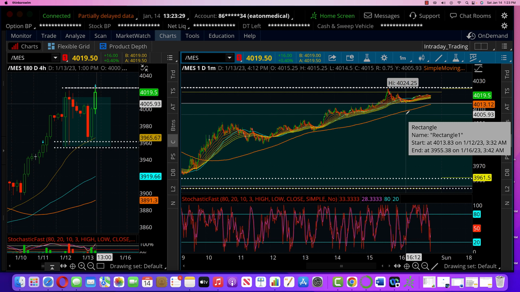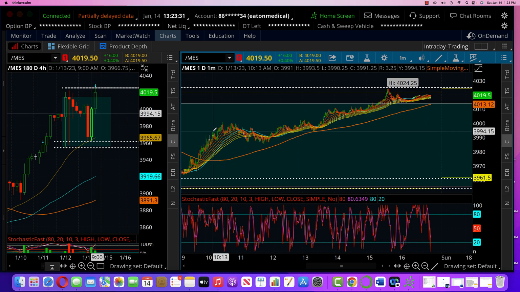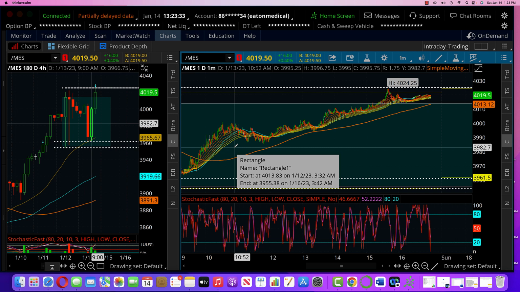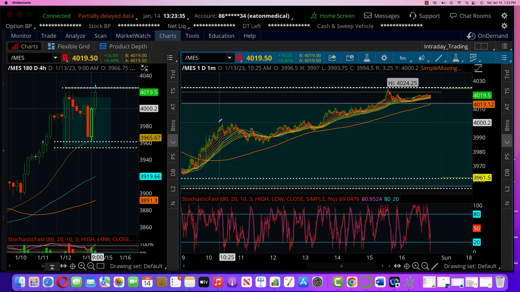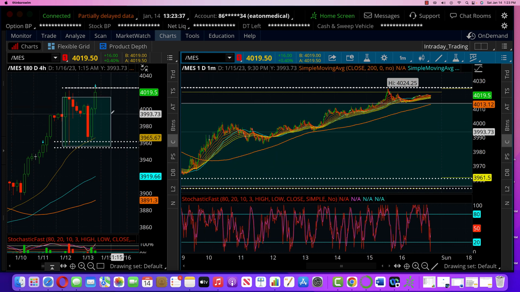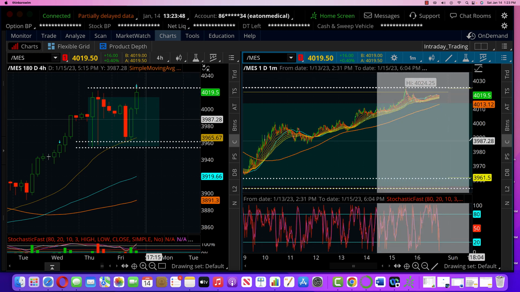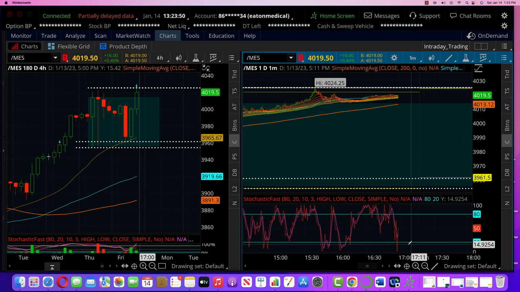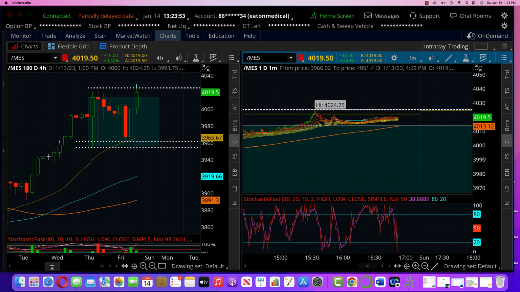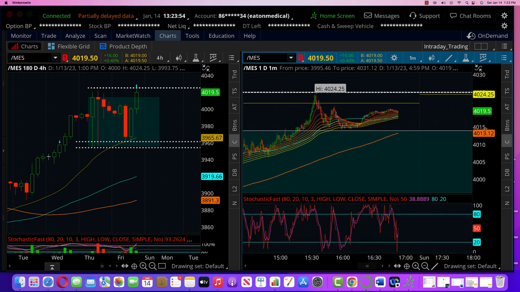All right, what are we trying to do here? We're trying to get a sense of real-time range. We're always trying to get a sense of what the range is. So right now, if you were going to say, what is the current range?